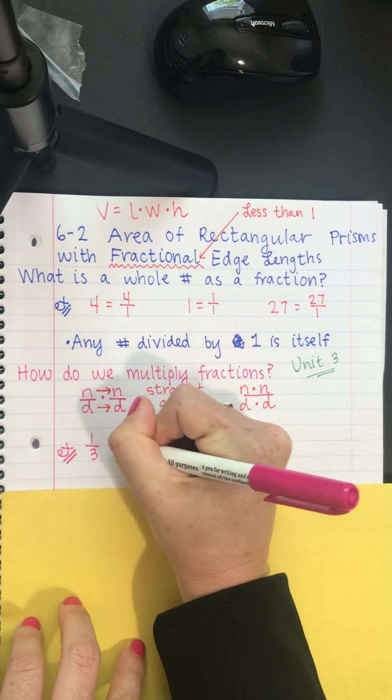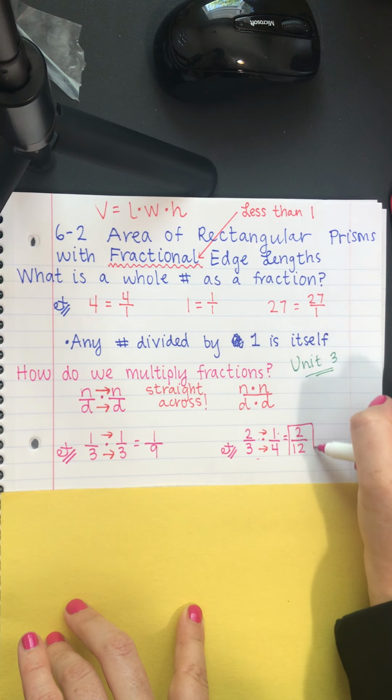For another example, I could do 2/3 times 1/4, and there are no tricks. I just do the numerators times the numerator and denominator times denominator. 2 times 1 is 2, and 3 times 4 is 12.